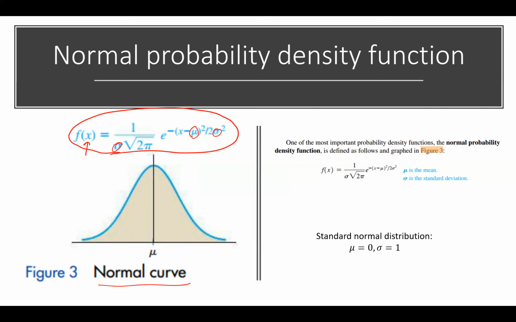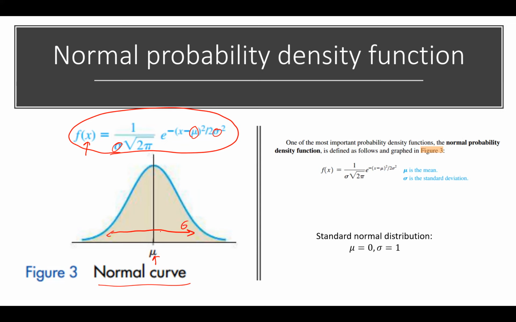These are parameters that determine the shape of the curve. So mu stands for the center of the normal function, and sigma represents how wide the curve is. So this is measuring the width of the curve.